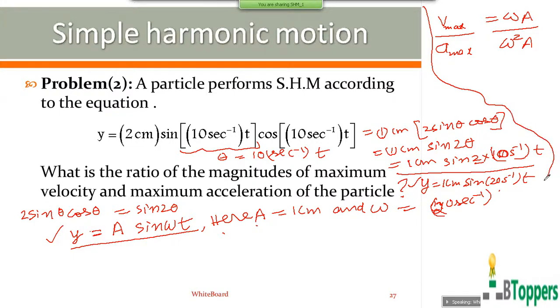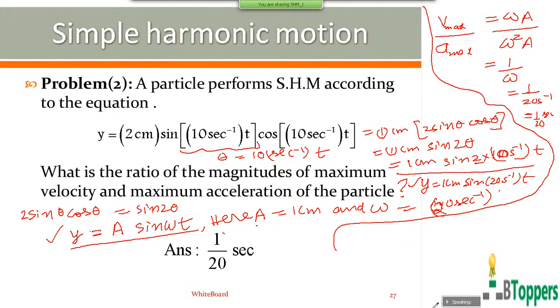So the ratio of the magnitudes of maximum velocity and maximum acceleration is equal to omega a divided by omega square a, that is equal to 1 by omega. So omega is equal to 20 second inverse. So answer will be 1 by 20 seconds. Those who want to copy the solution of the problem can copy it down. So the answer for the given question is 1 by 20 seconds.